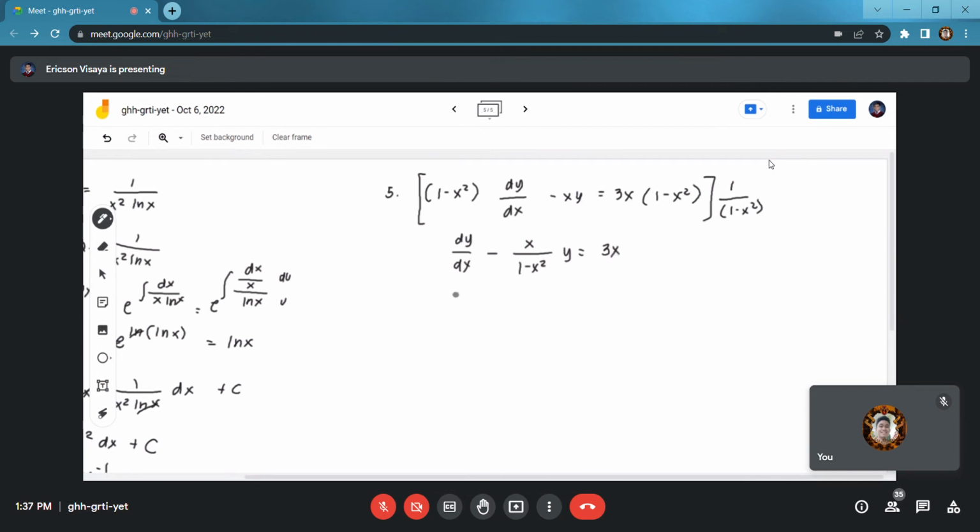So our P is equal to negative x all over the square root of 1 minus x squared, and our Q is equal to 3x.